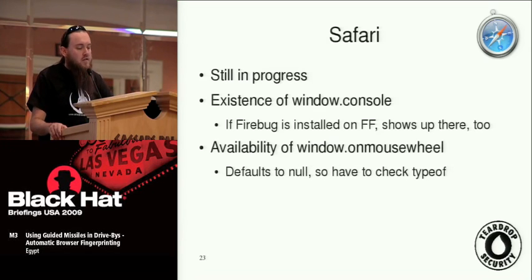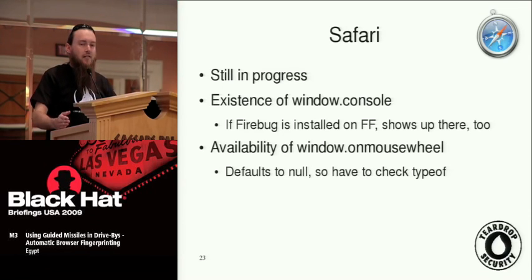So window.console is available on Firefox if the Firebug extension is installed. Not usually on any other browser, but that makes it not unique, and we can't use it reliably. But the window.onMouseWheel is only available in not Firefox. So Opera, Safari, and a couple of the other less well-known browsers have a window.onMouseWheel. But the existence of both of them assures us that it's Safari.